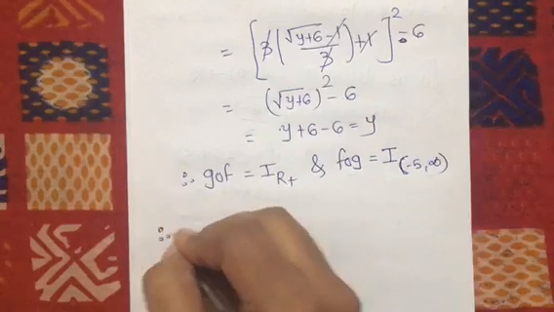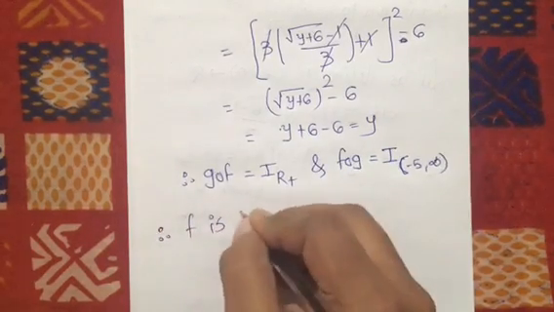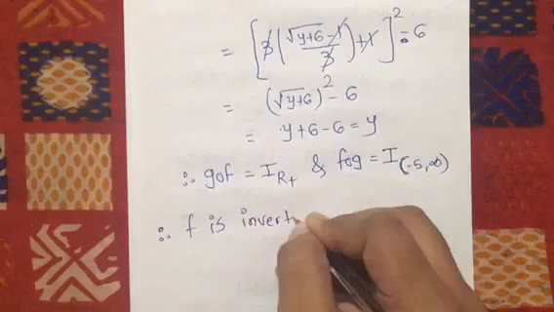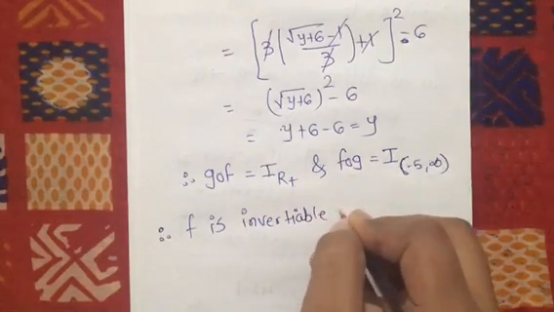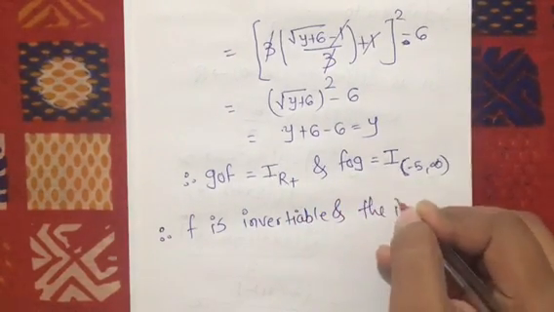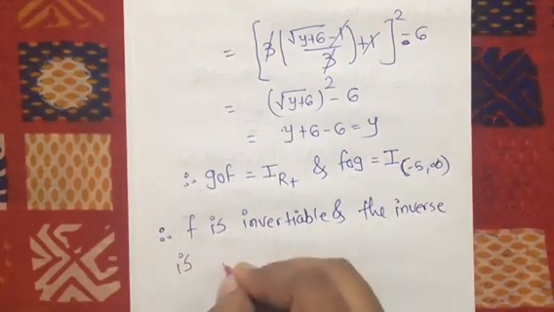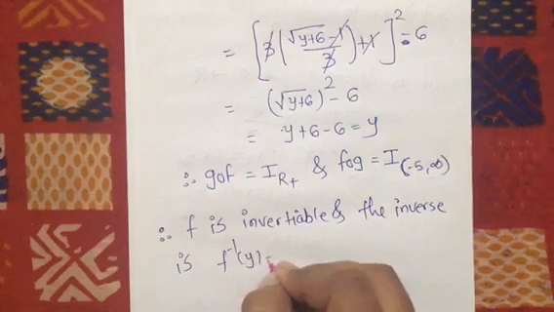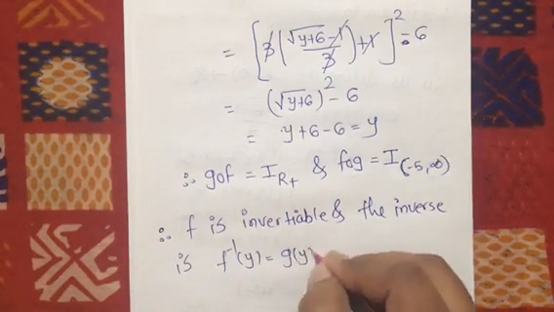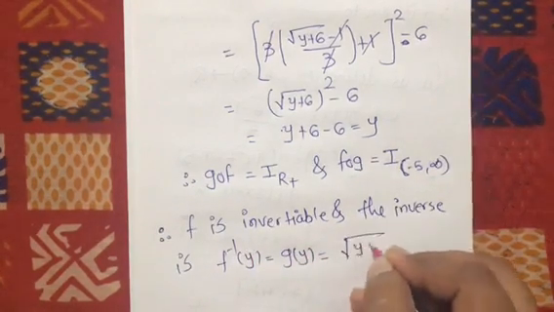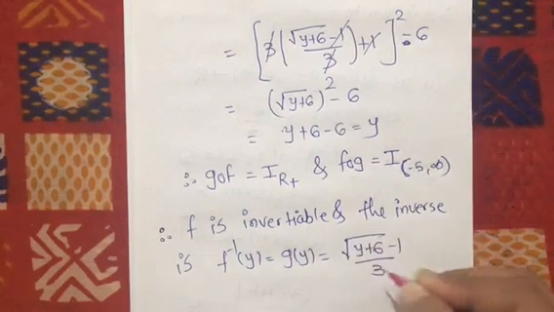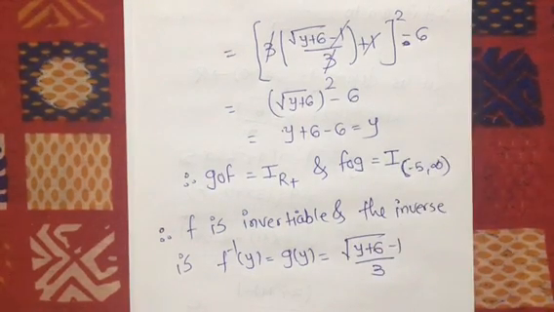Hence f is invertible, and the inverse is f inverse y is equal to g of y is equal to under root of y plus 6 minus 1, divided by 3. Okay.